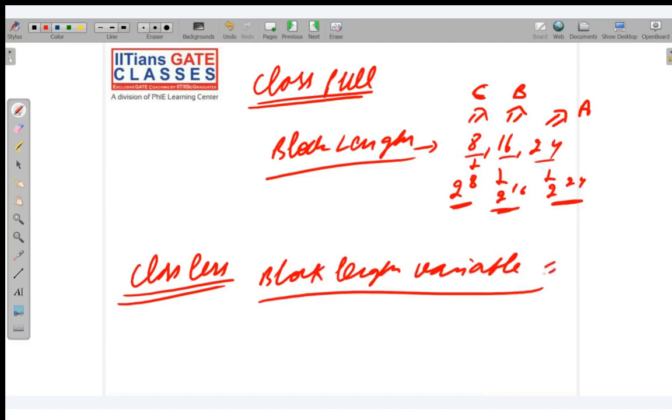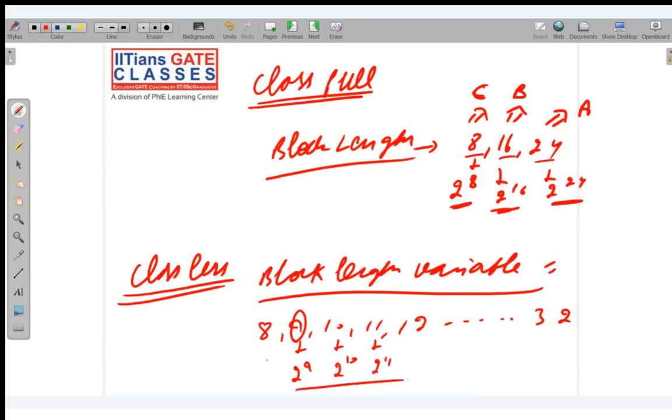We can have block length of 8, 9, 10, 11, 12, any number we want. Obviously, the maximum can be 32. Block length 9 means 2 power 9 IP addresses in that block, block length 10 means 2 power 10 IP addresses, block length 11 means 2 power 11 IP addresses, and so on. So this is block length, and these are the IP addresses in that block.